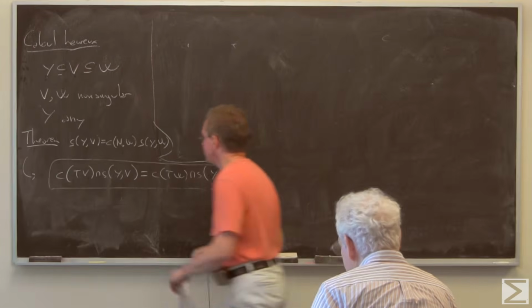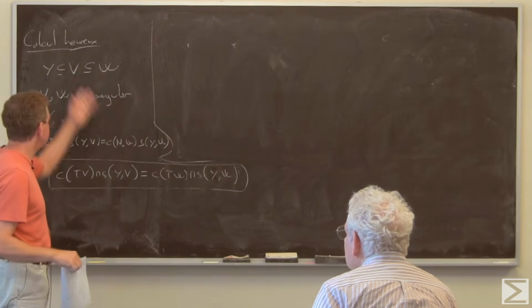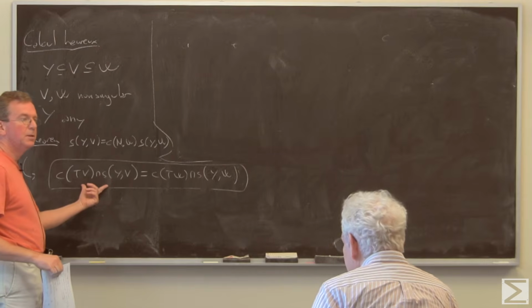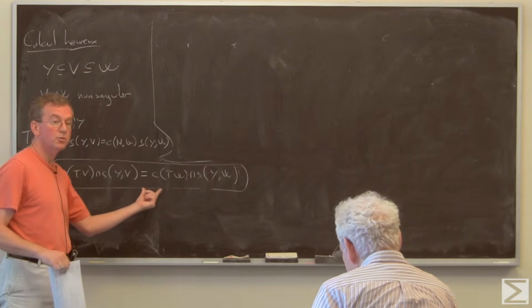What's written over here is that if Y can be embedded in something non-singular, then this will not depend on the place where you put it. Put it in V or put it in W. If you do this computation, you get the same class.